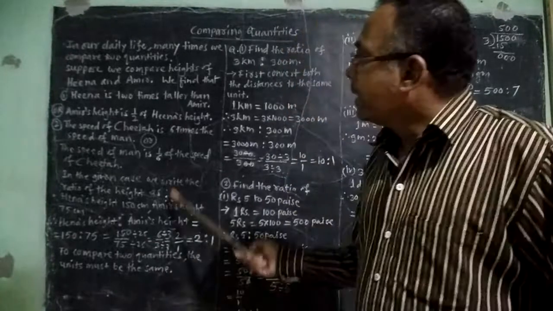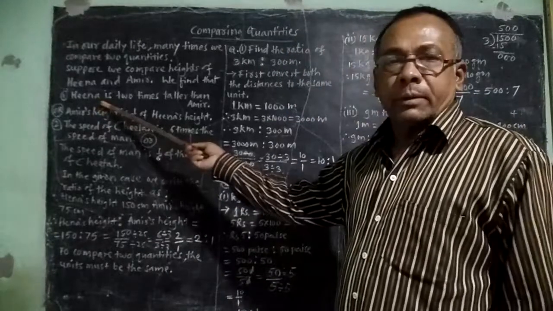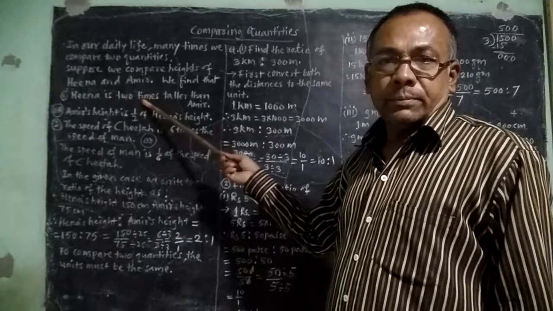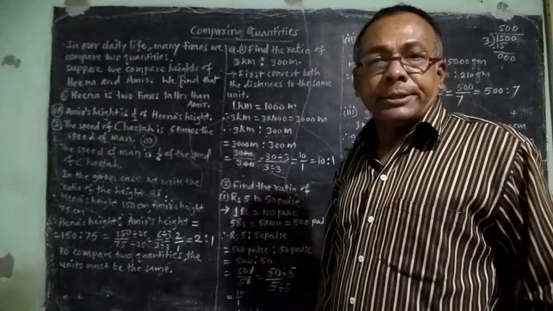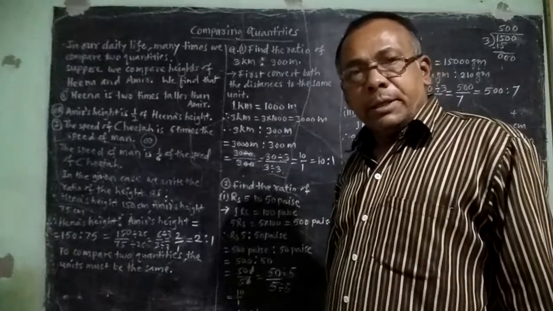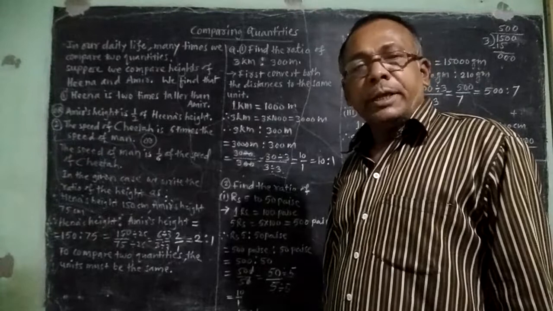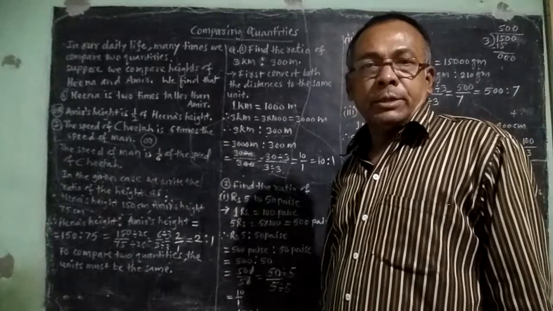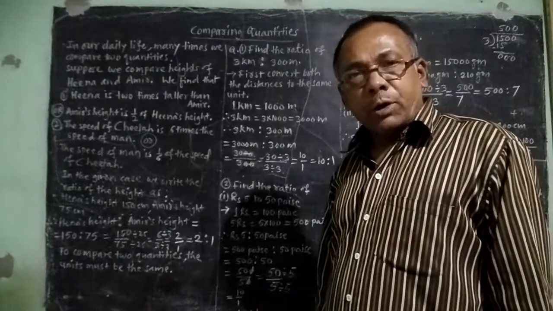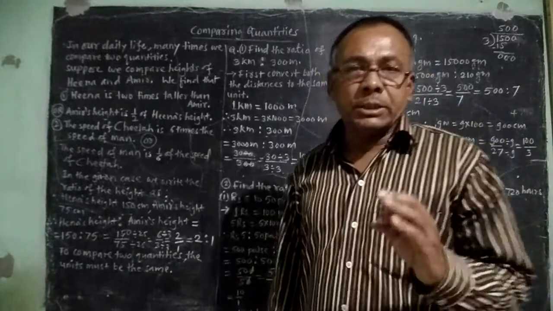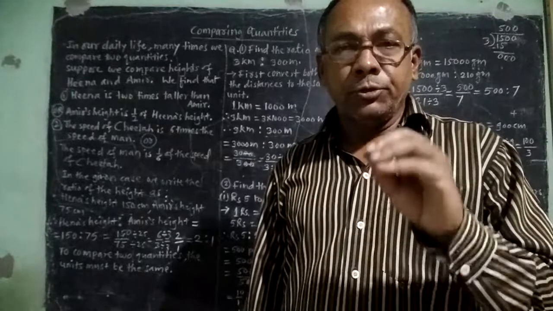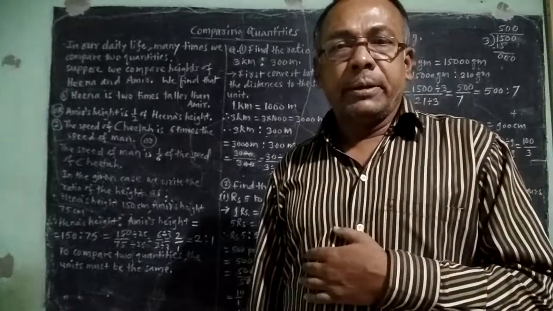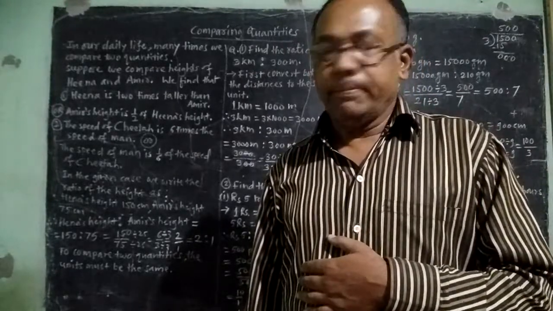That is, if Hina's height is in centimeter and Amir's height is in inches, then it is not possible to compare the two quantities. So for the comparison, we must understand that the units of both the persons must be the same.